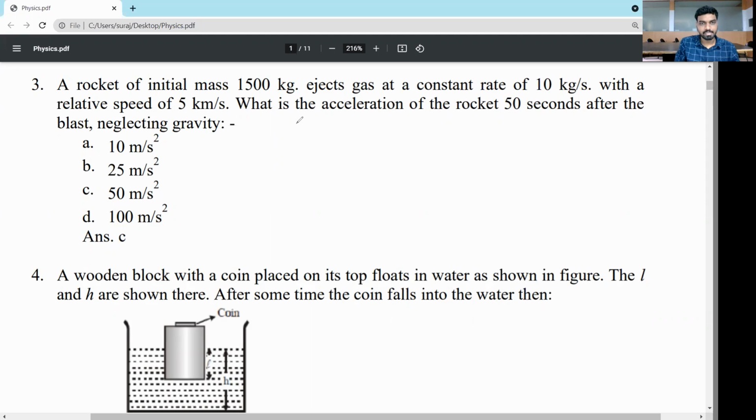So the rate of mass ejection is given: dm by dt is equal to 10 kg per second, with a relative velocity of 5 kilometer per second.